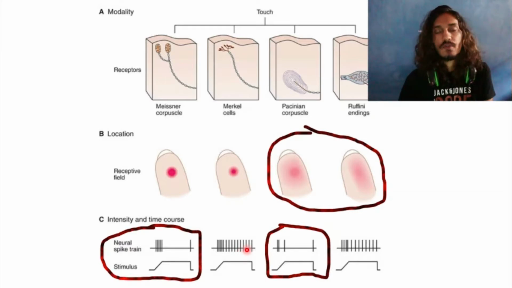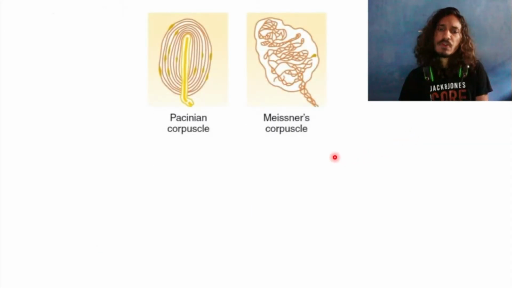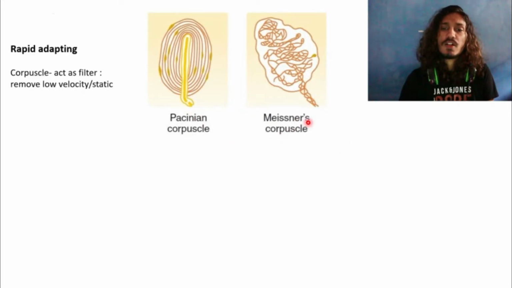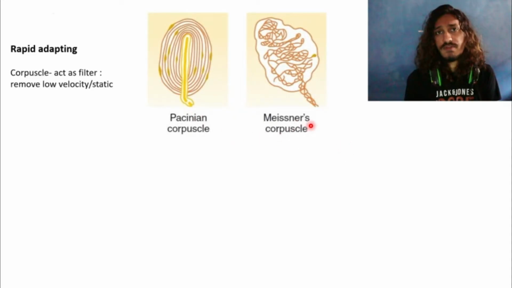It takes time for it to adapt. That is the difference between these cells that I've just mentioned. So we'll just come back to it again: Pacinian corpuscle and Meissner's corpuscle. If you remember, they are rapidly adapting. This corpuscle that is covering it kind of acts like a filter.